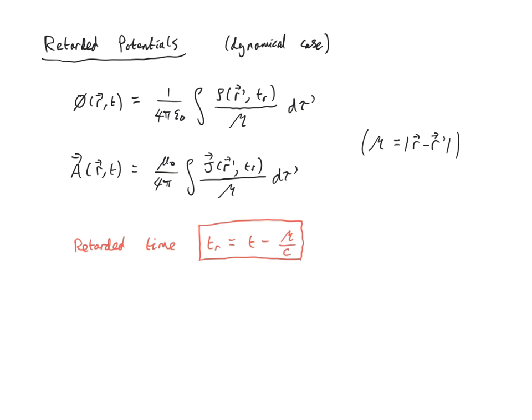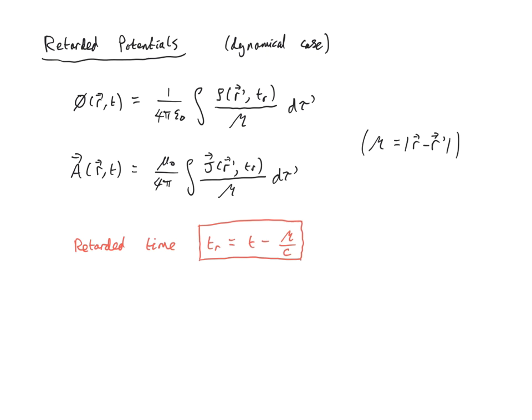So the dynamical world is not as simple as simply replacing time by retarded time. That's specific to the potential formulation, and indeed that's one of the main reasons why we want to use it. So if the electric and magnetic fields are not just obtained by replacing time by retarded time, then what are the electric and magnetic fields in the dynamical case?